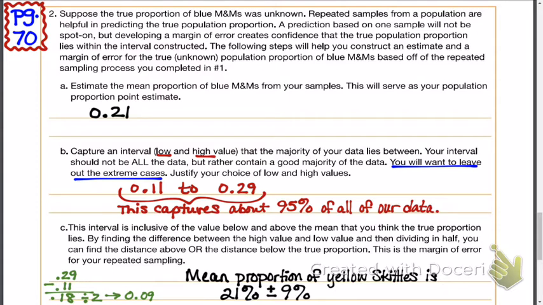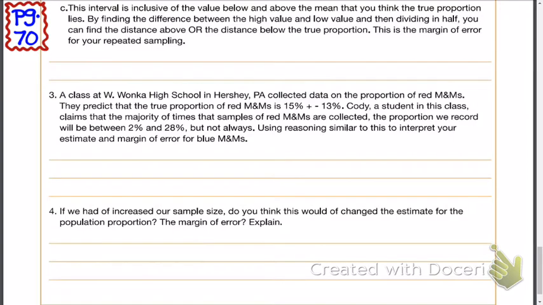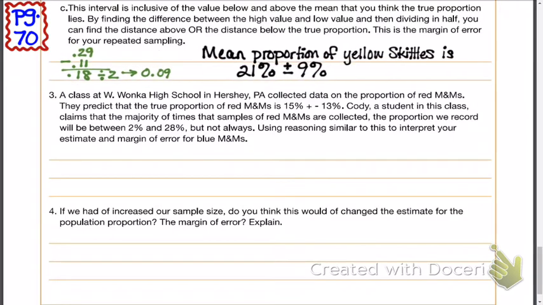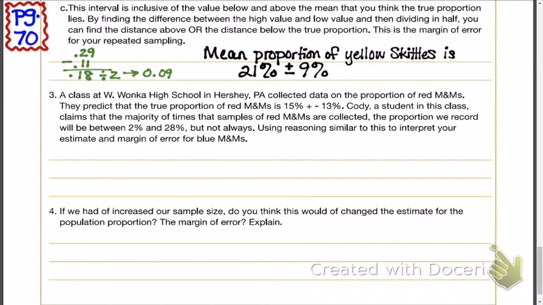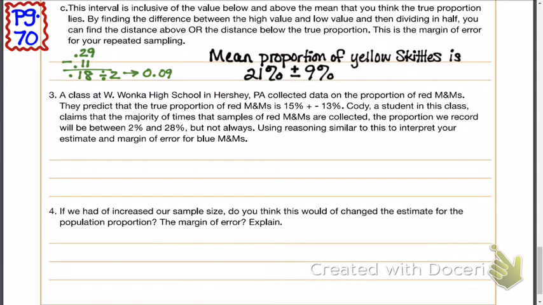Let me pop that up just a little bit higher on my screen. There we go. The mean proportion of yellow Skittles is 21% plus or minus 9%. That's the 0.21 plus or minus 0.09.